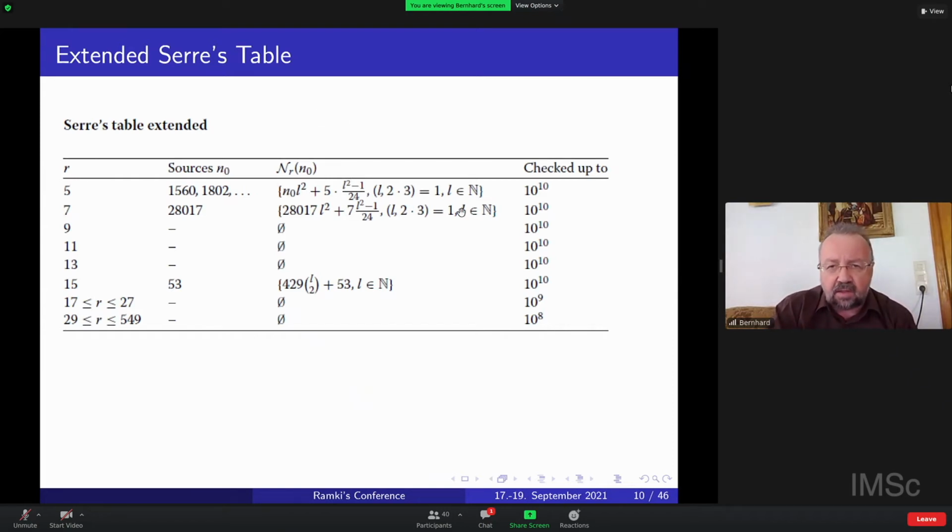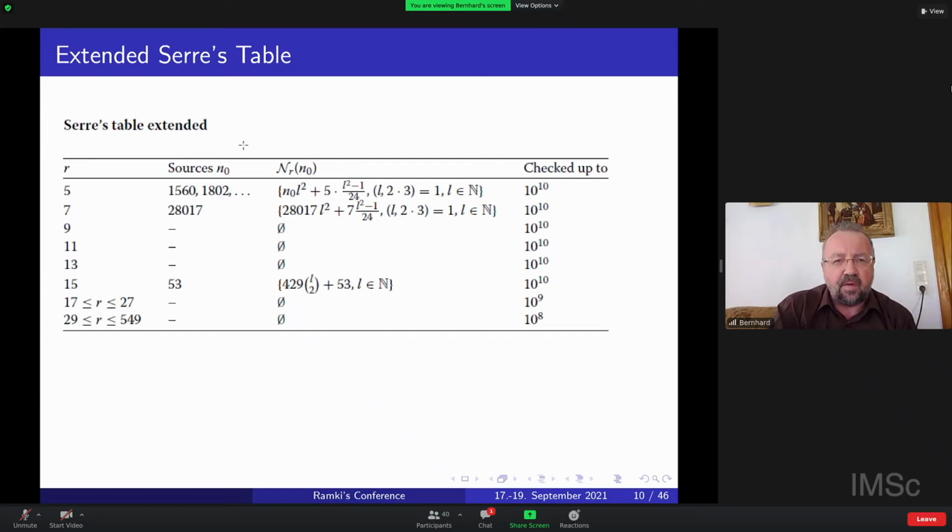Then you get this kind of sequence. And we checked that in the case eta to the power of 5, it looks like there are infinitely many sources. That's an open question. That's also a question on the non-vanishing or the vanishing of this.